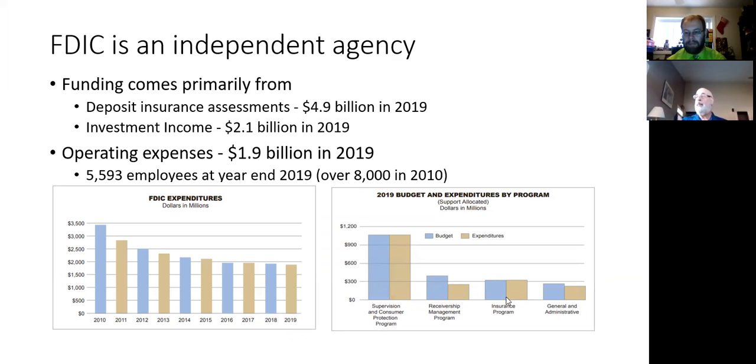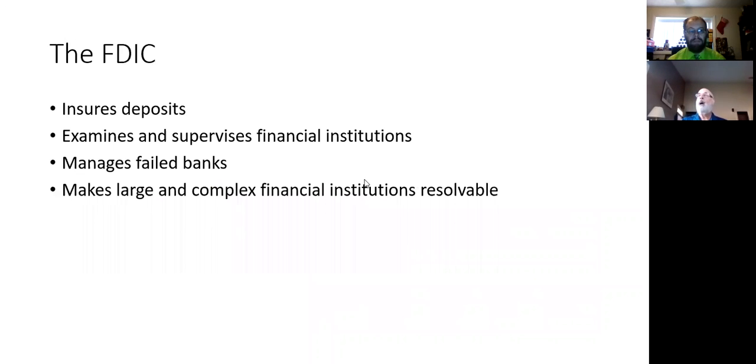There's a group that runs the insurance program, and then you get your general administrative expenses. There are almost 6,000 employees at the FDIC spread across the country, and that's down from 8,000 in 2010, just kind of an overview.